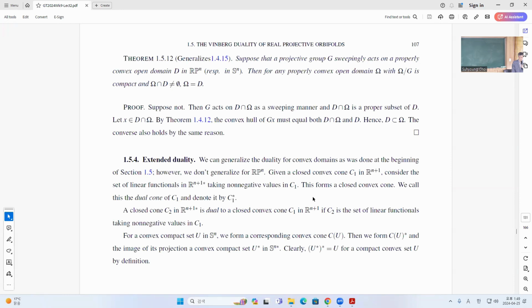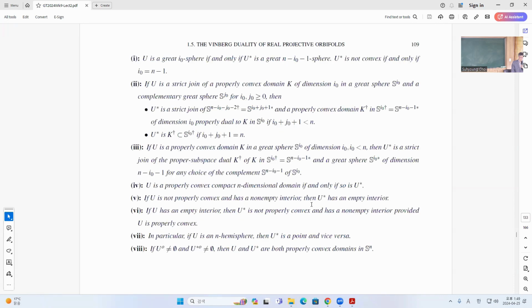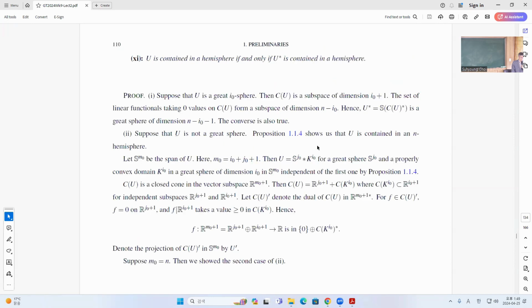You can also extend this duality to non-properly convex domains and so on. I think I will skip that, but these can all be done for the non-properly convex case because we know these are just joins of spheres with properly convex sets and so on.